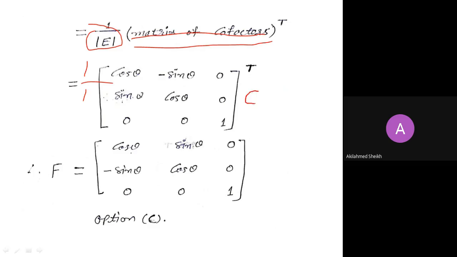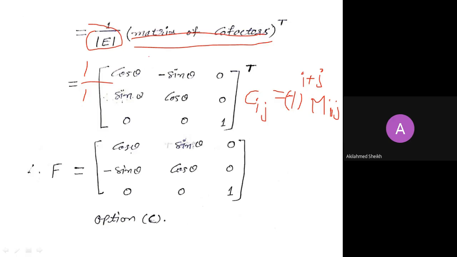There is a relationship between cofactor and minor: Cij equals minus 1 raised to the power i plus j into Mij. Here i stands for row, j stands for column. This is the formula to find cofactors.